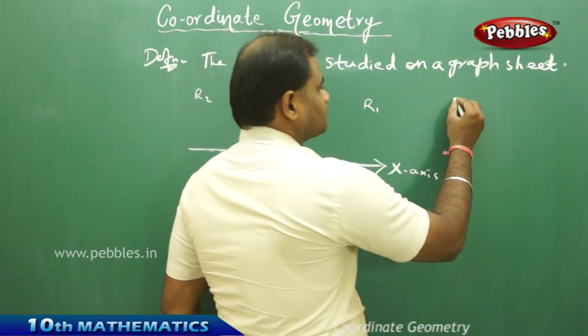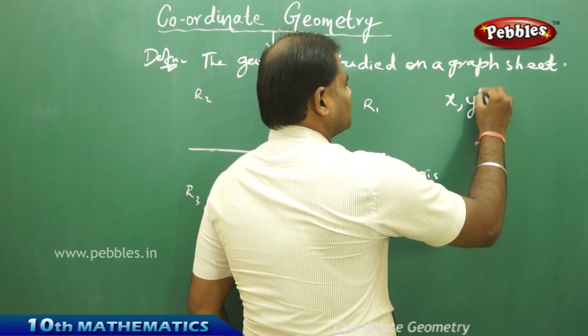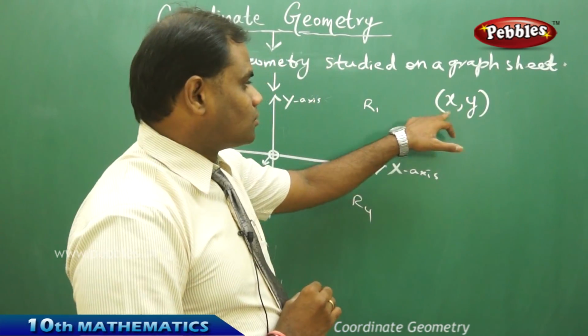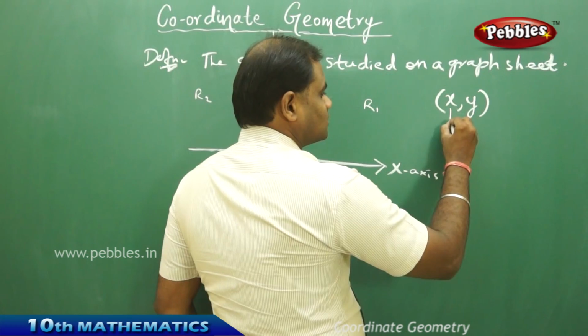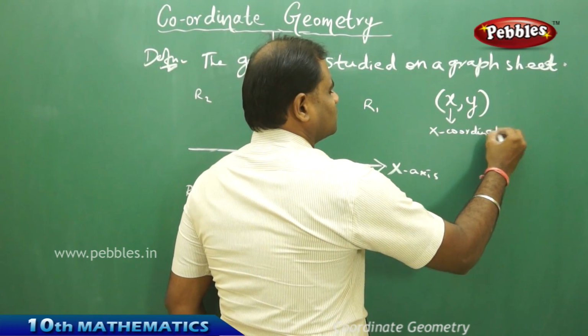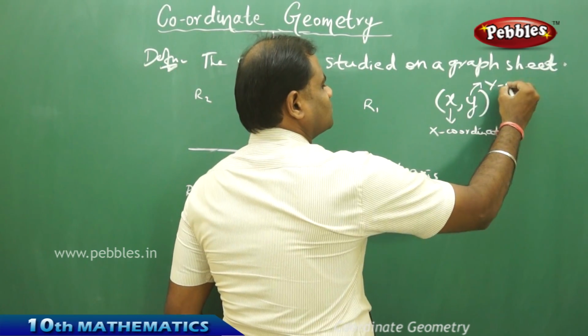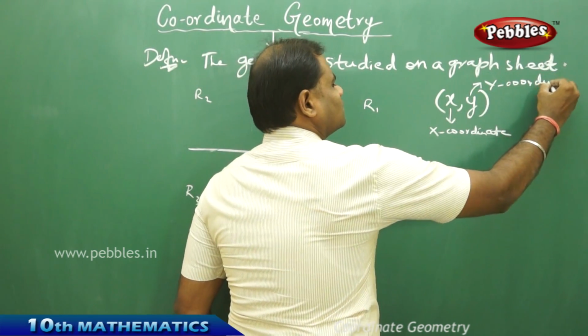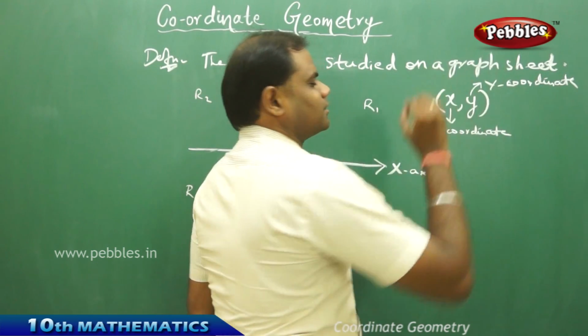So when I write the position of the point, I generally denote it with xy, where this is called x coordinate and this is called y coordinate.